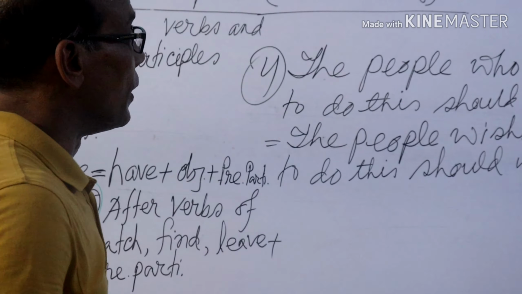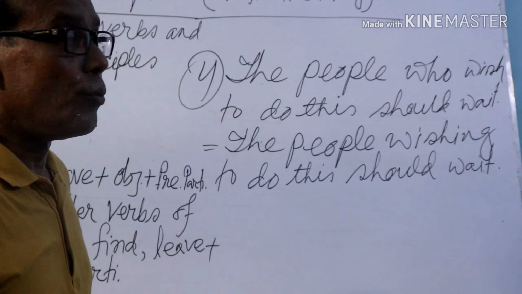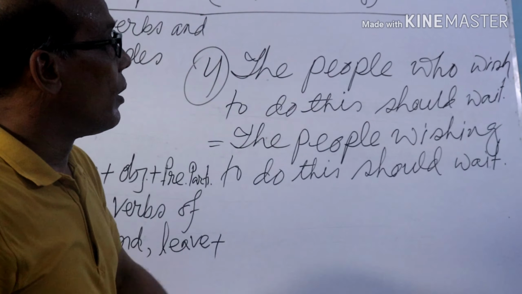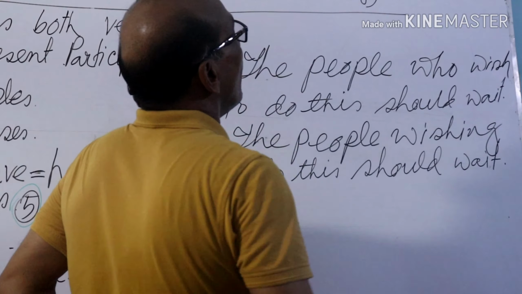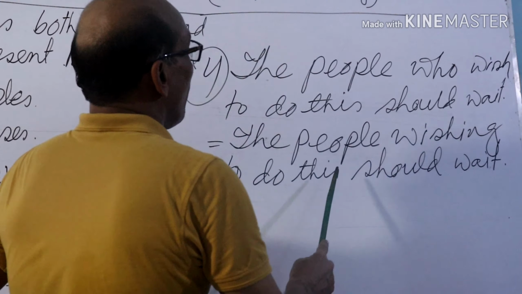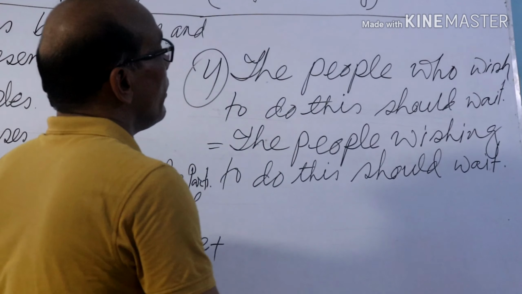This is a complex sentence, and here the word who is the WH word, and it is also a relative pronoun, and I have replaced who, the relative pronoun, by the present participle wishing.